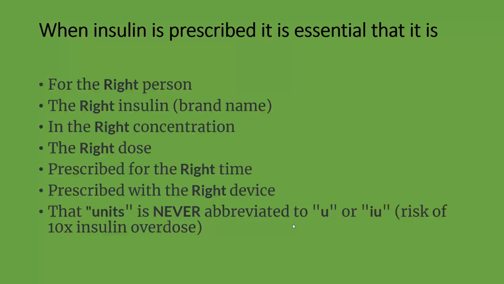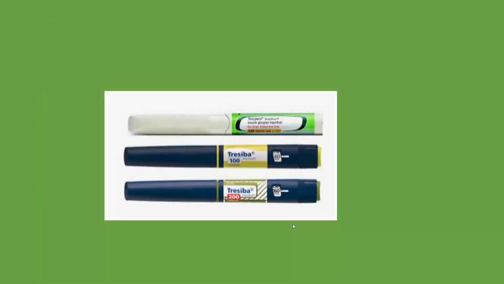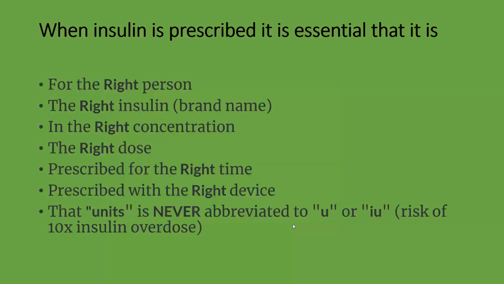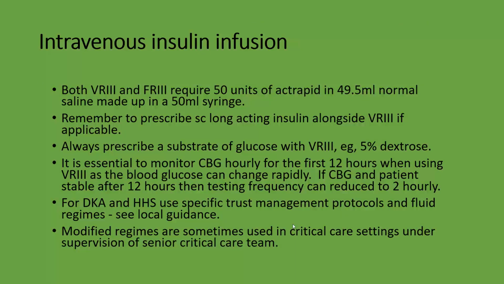So intravenous infusions, there are two types: continuous infusion and the variable infusions. So either VRI or FRI, that's fixed dose. The fixed dose is usually used in DKA or HHS, and VRI will be used in any hyperglycemia or patients recovering from DKA.